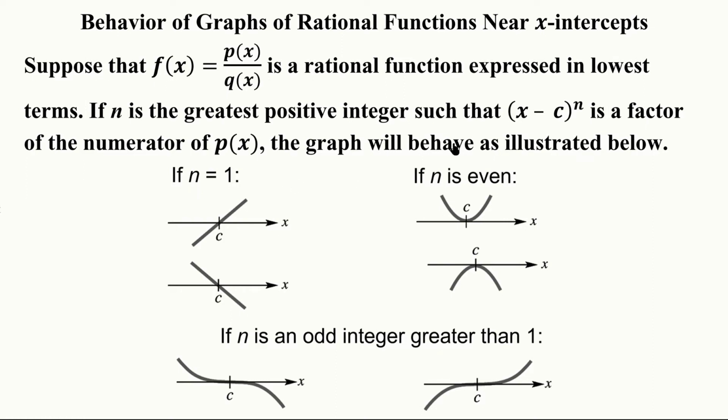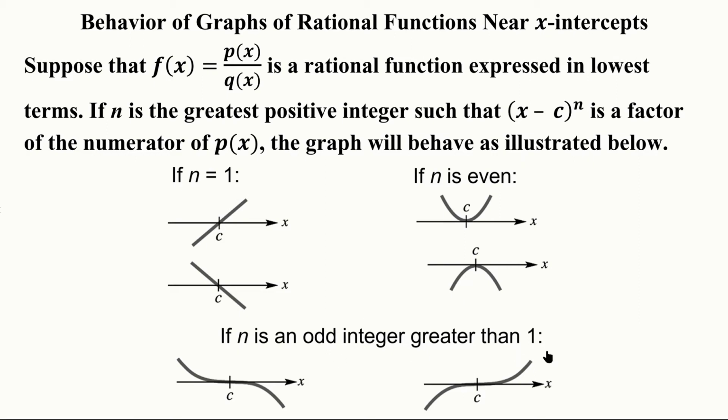If n is 1, we get this, crossing at the x-intercept, either going up or going down. And if n is even, we get this scenario of turning like this, and then this way. So whether the coefficient is positive or negative is going to make the difference.